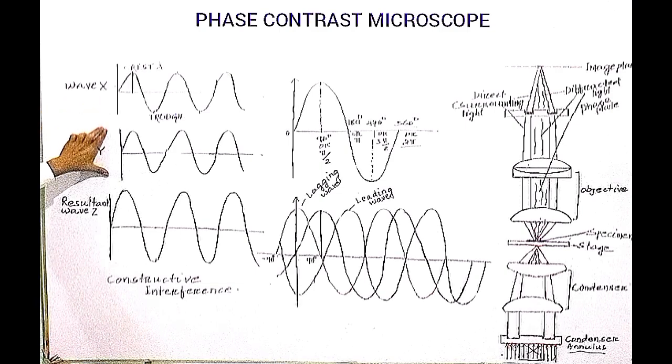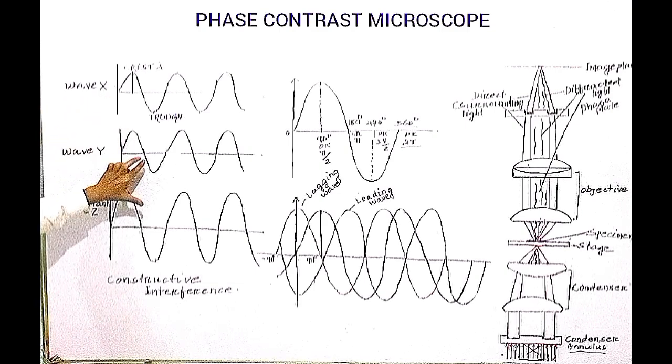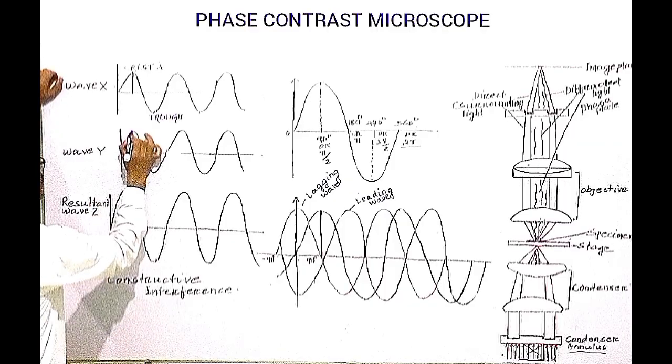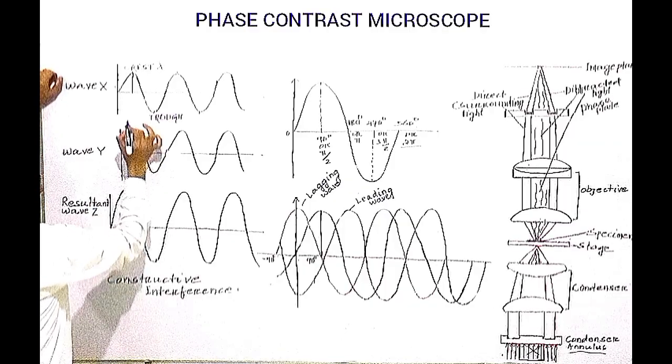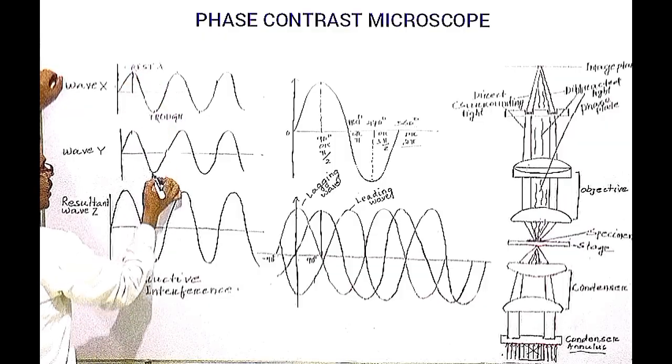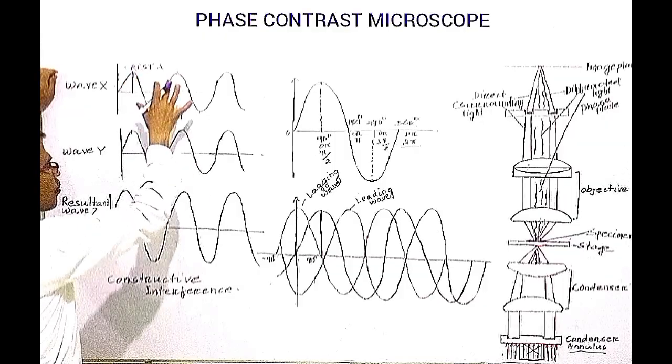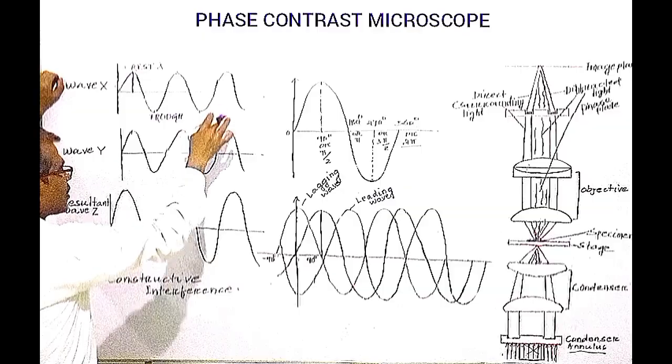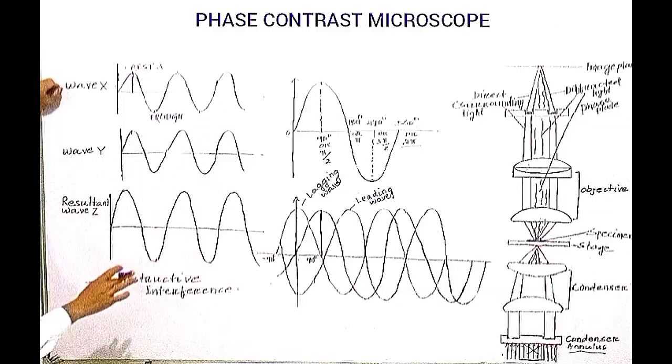So these are two waves which are completely in phase. In phase means the crest of one wave meets the crest of the other wave. Because these two waves superpose, the interference which takes place between them is constructive.